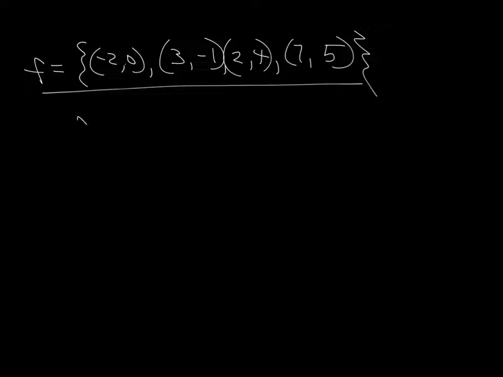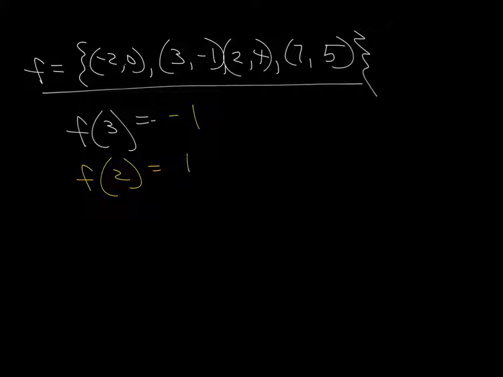Okay, so what if I put in a 3? What do I get for an answer? When I put in a 3 here, I got a negative 1. When I put in a 2, I got a 4. When I put in a 7, I got a 5.